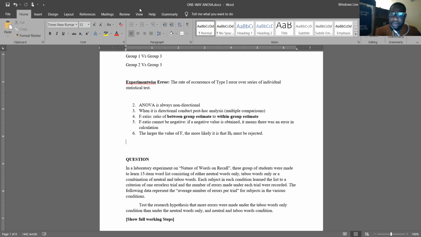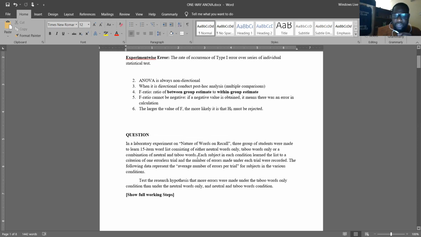Then the hypothesis that they were testing for: test the research hypothesis that more errors were made under the taboo words only condition than under neutral words only and combination of neutral words and taboo words condition.